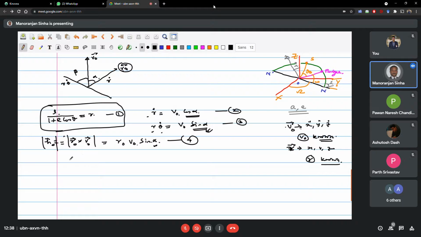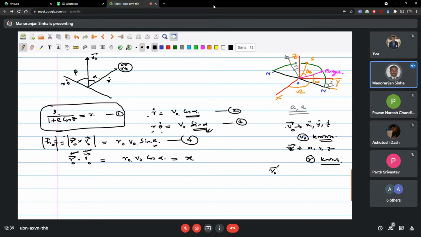The other expression that we can write is R dot times R times V. This will be R0 V0 cos alpha, and this is nothing but R0.